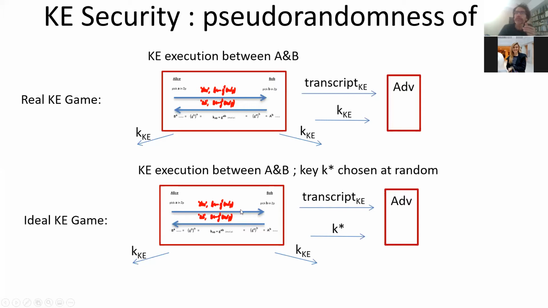And because it is just security against an eavesdropper, I don't consider the adversary interacting here. So in particular, these two guys are guaranteed to output the same key. Yes, because if nobody interferes, then by protocol correctness, the two output keys are the same. So this is well defined.